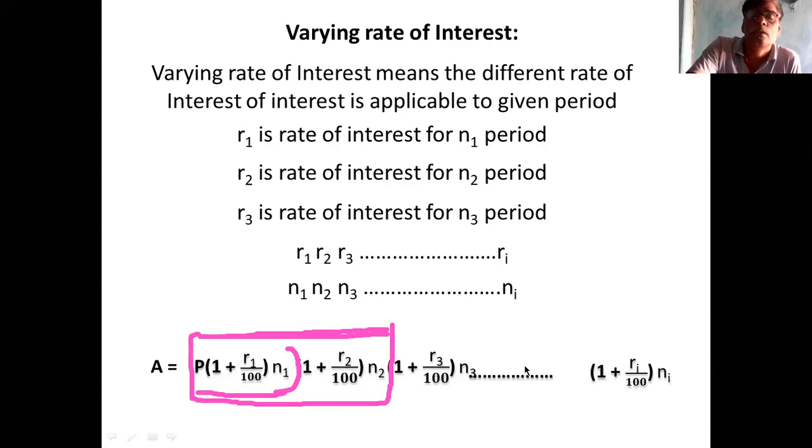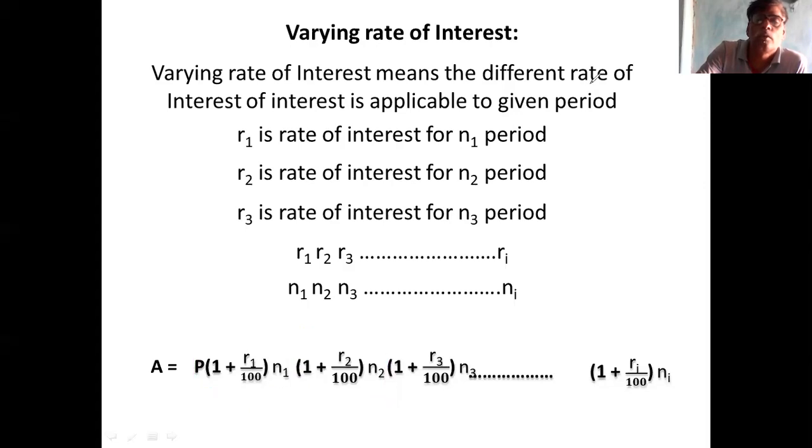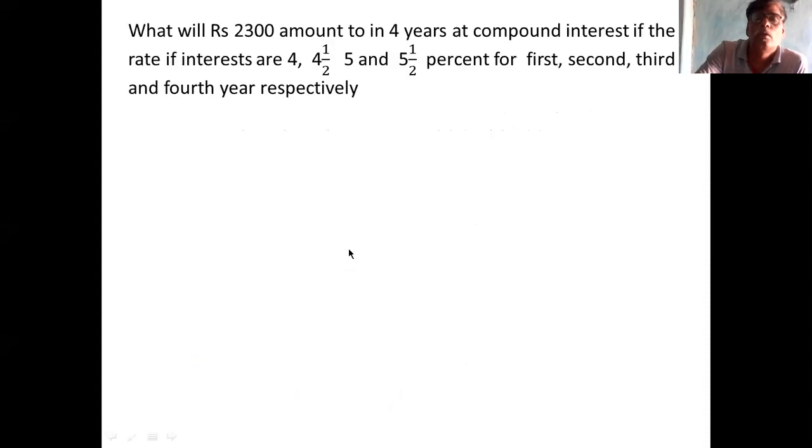Okay, in this way, you have to form the equation, fill in the values and ascertain the required factor. So you see the solution. I will take one example on this. You see this question.